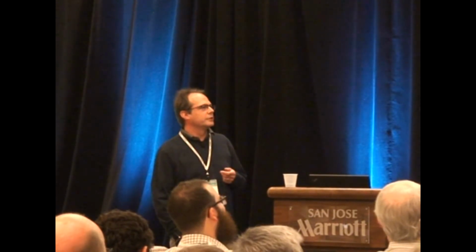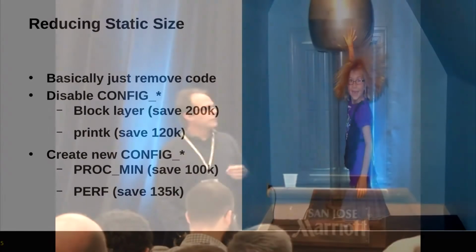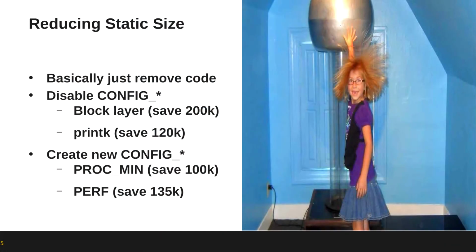And then there are just plain old things that you really don't want to do without, like for me, proc meminfo, for instance. So what I did was I kept those essential pieces around, and I carved everything else off and put that behind a proc min configuration item, and saved about 100K by doing that. I didn't save the full 150K I would have if I just removed proc, but still that's a big win.